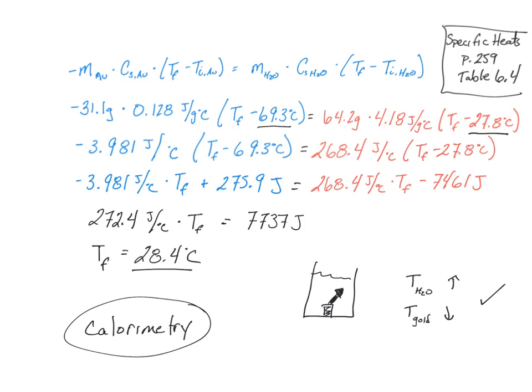And because of this, we can stick a thermometer into this water and measure this change in temperature of the water experimentally and find things out about our gold. This makes these experiments a lot easier.